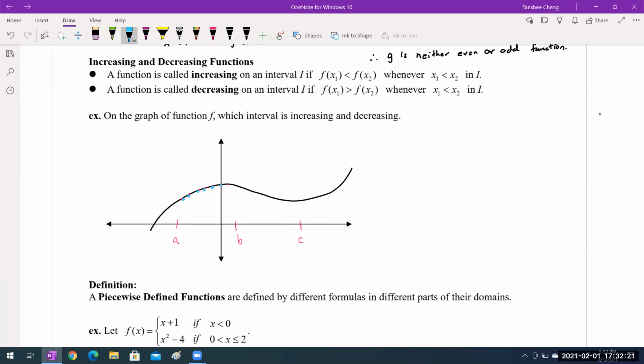For any x value in this region between B and C, you can see that the function value is decreasing, smaller and smaller as the x value increases. So this is called the decreasing interval.